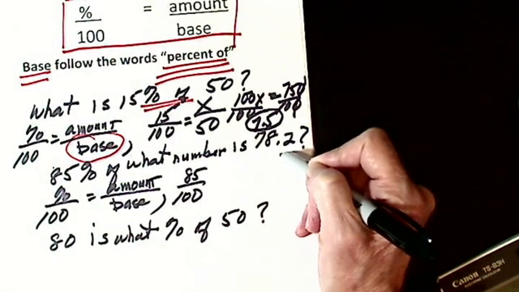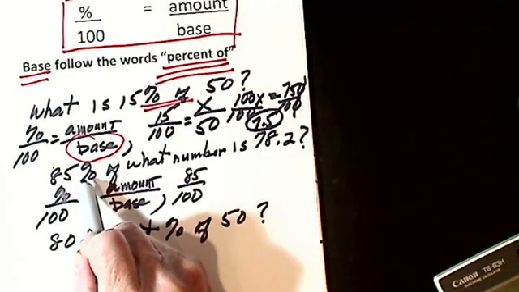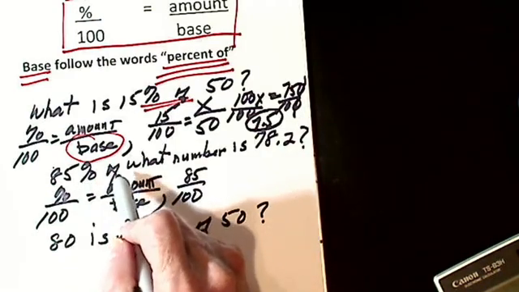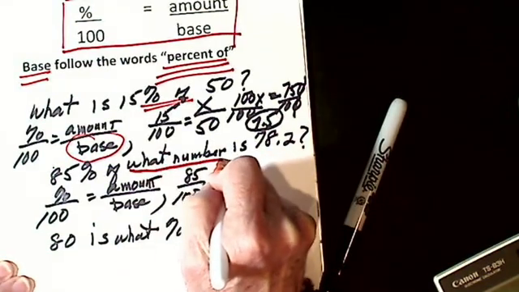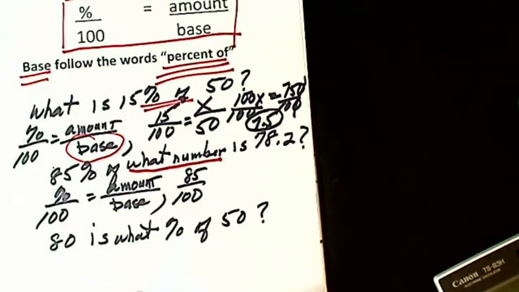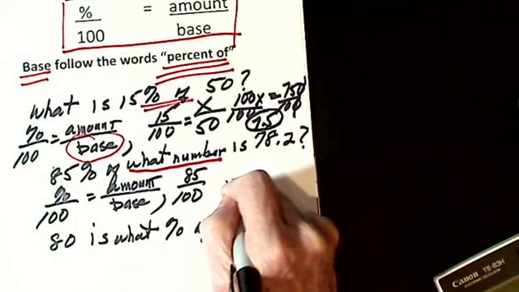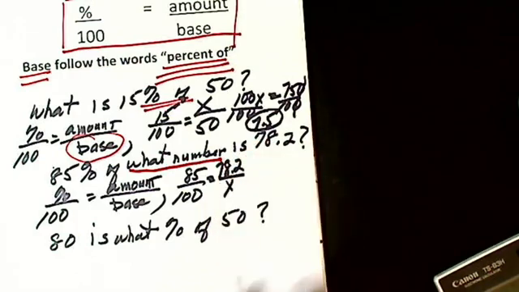So, is 78.2 my base? It says 85% after percent of. If you notice, it says what number? I stop at the verb. So after percent of, it says what number? That's what I don't know. So now my x is my base. My 78.2 goes here.